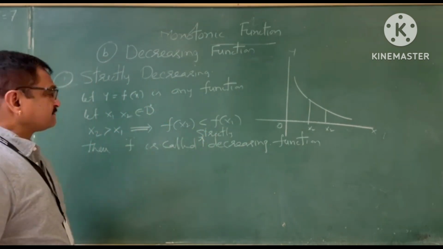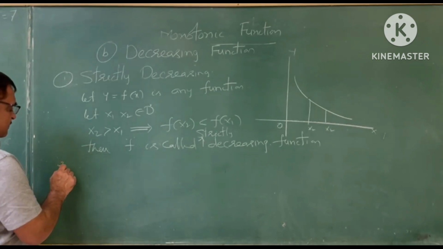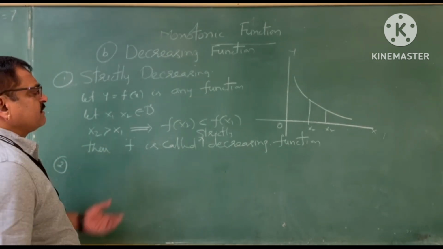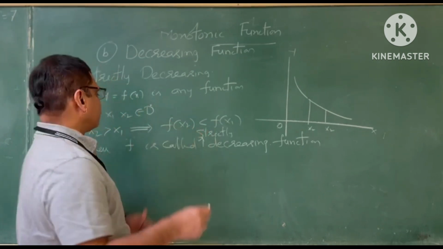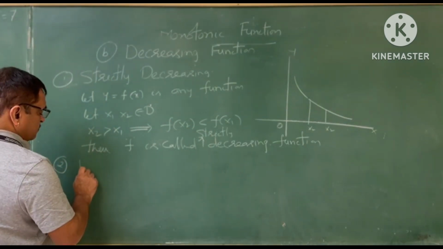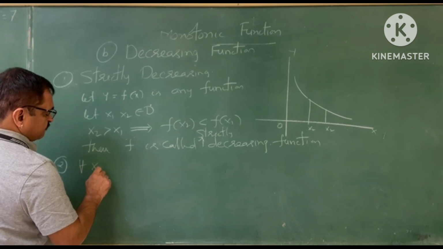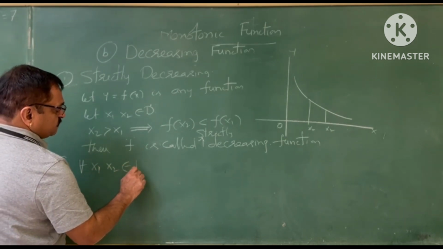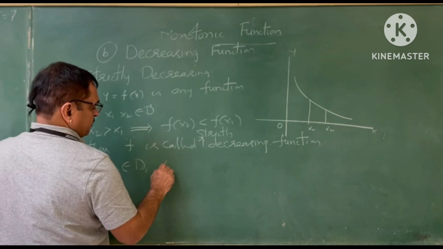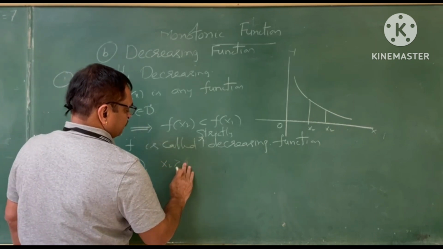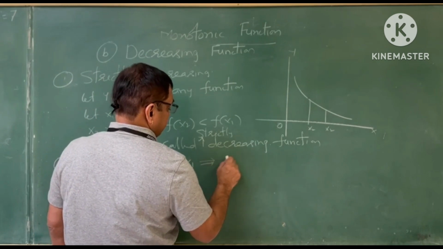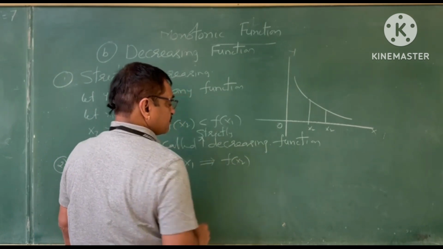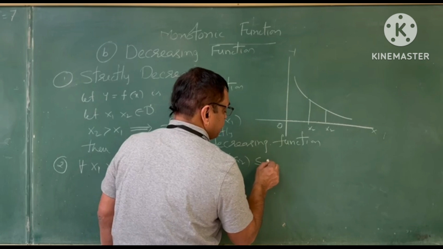Now, what is just a decreasing function? Here we have f of x2 less than or equal to f of x1, for all x1 comma x2 belongs to domain, x2 is more than x1, but my f of x2 must be less than or equal to f of x1.